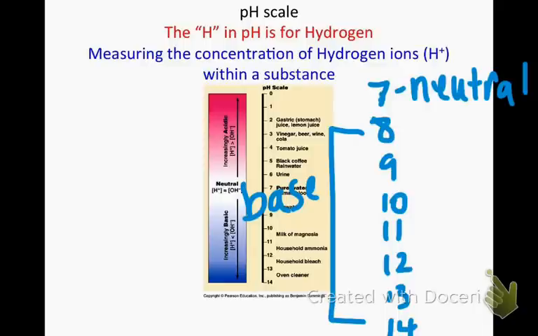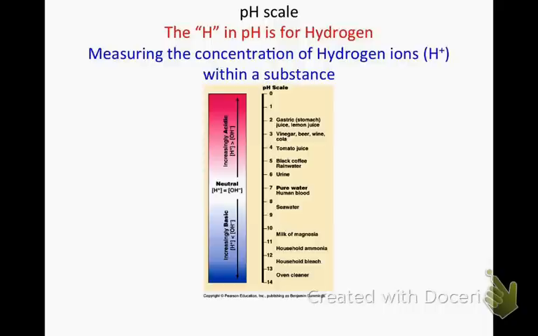Somewhere else, like on the other side of the paper, we're going to draw the pOH scale. Remember, in pH, the H stands for hydrogen. Now, let's look at the pOH scale. Remember that OH stands for hydroxide.